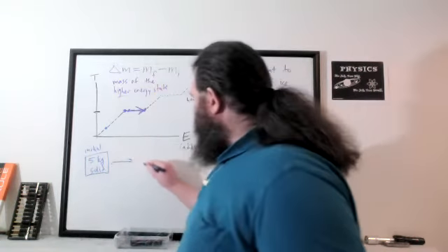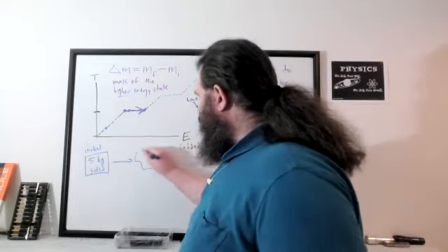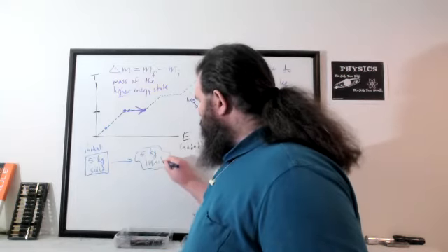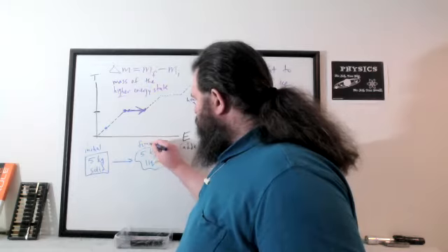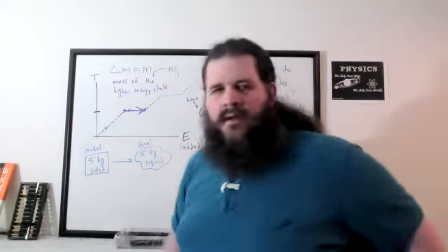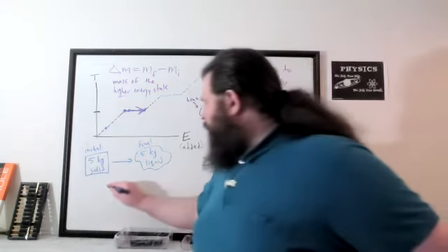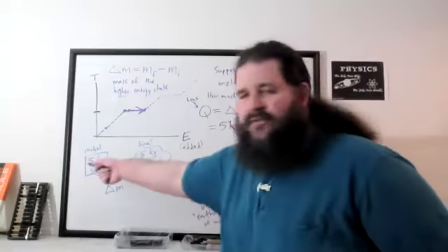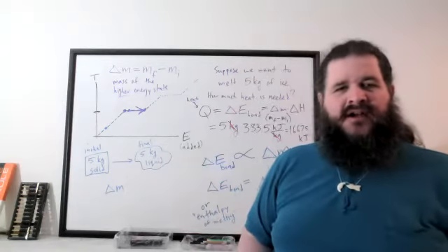Time passes and we end with 5 kilograms of liquid. So when we're calculating delta M, we're certainly not going to subtract 5 minus 5 because we don't want to say there's no change.